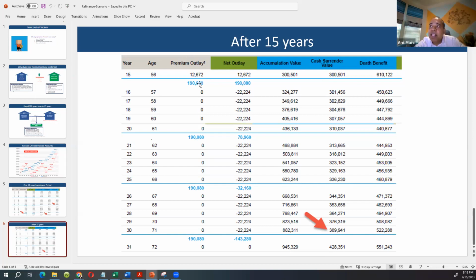If he would have paid that money to the bank, only his home would have been paid off. In this case, his home is also paid off and he has a lot of cash value left also. This is the profit that he will be making in 30 years by going with this strategy.